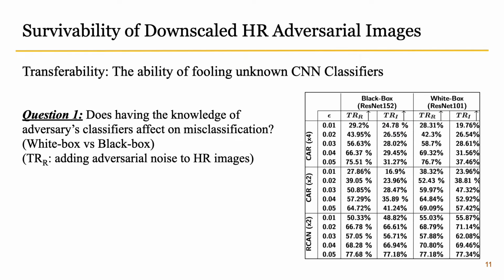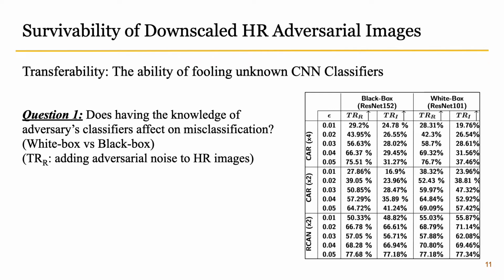Now we plan to assess the survivability of low-resolution images generated by the first approach, which is downscaling high-resolution adversarial images. The first metric to assess the survivability of these images is transferability. To measure transferability, we considered both white box and black box access scenarios.